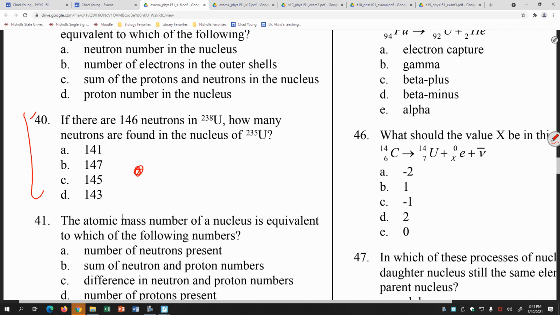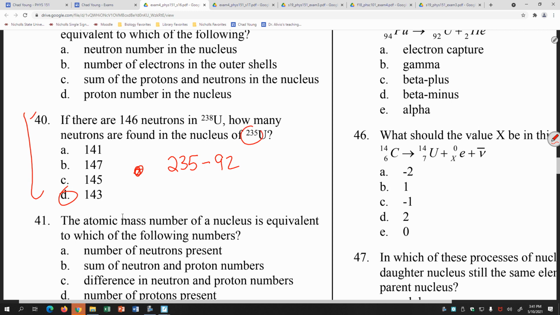Well, there are 92 protons in uranium, so you say 235 minus 92, and that's 143. You might not know that there are 92 protons in uranium, but it is number 92 on the periodic table, so that's how we know.